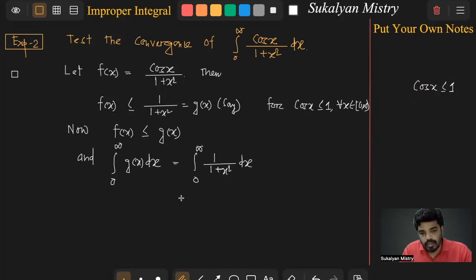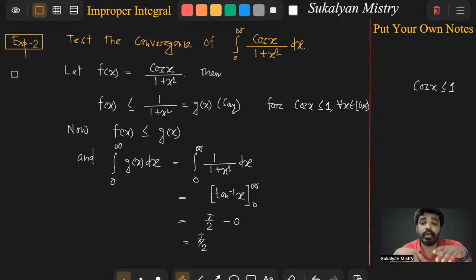What is the integration of 1 by 1 plus x squared? It is tan inverse x. From 0 to infinity, tan inverse infinity is pi by 2, so this will be pi by 2 minus 0, which is pi by 2, a finite number.